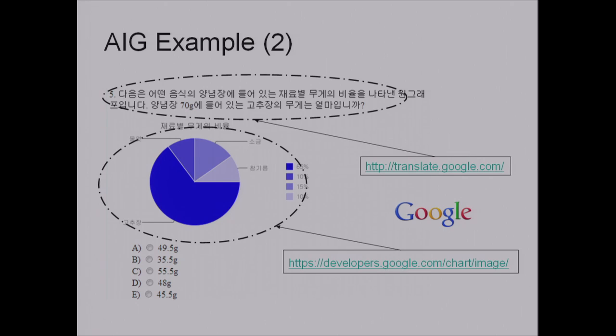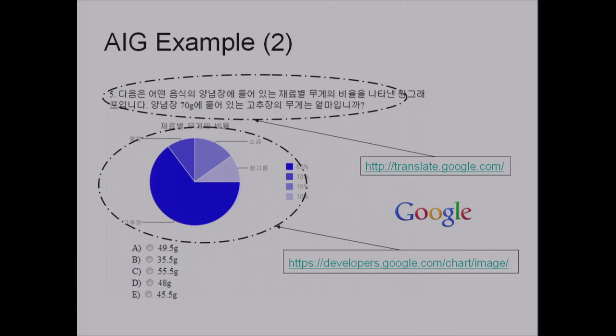And also, this is a Korean math item. I know some of you are familiar, some of you are not, because a lot of math items can be translated into different languages. Because this is a math item, it's relatively easy to translate. When translating, we use the Google Translation API, and it saves a huge amount of time translating into other languages.